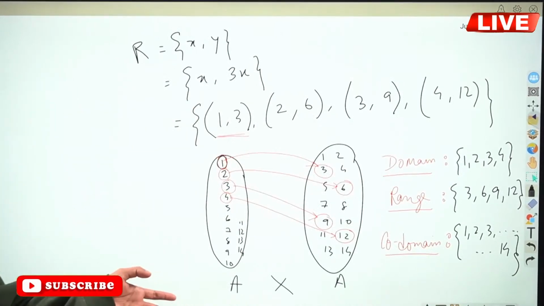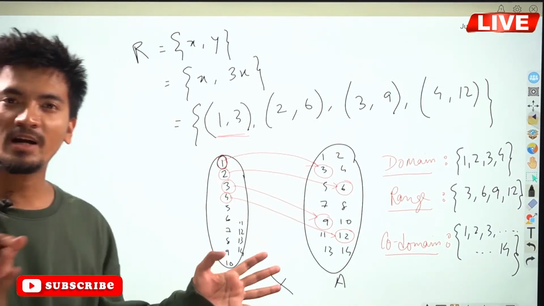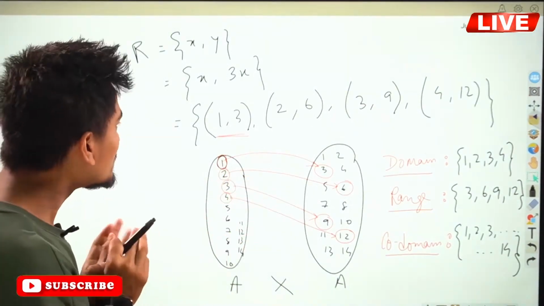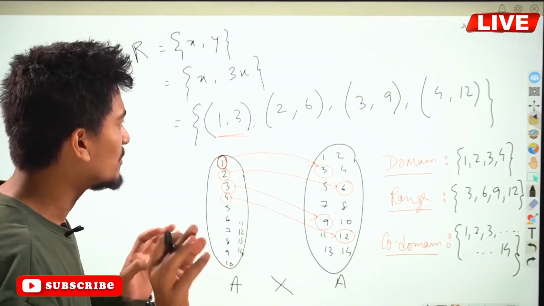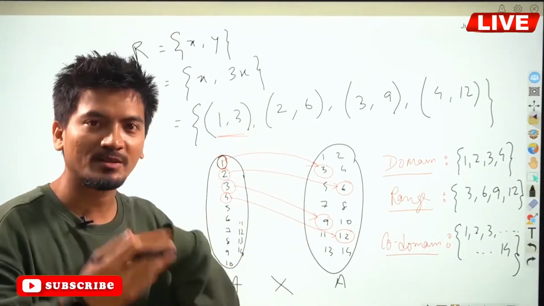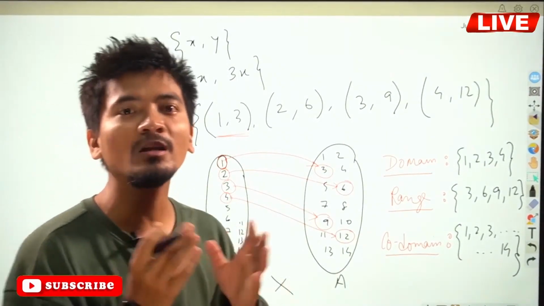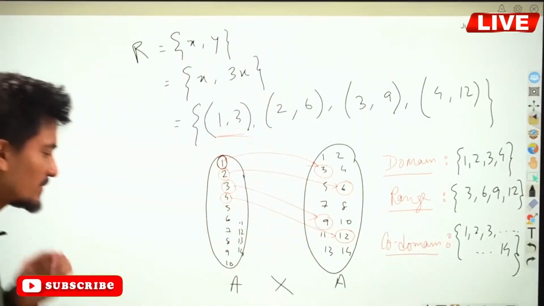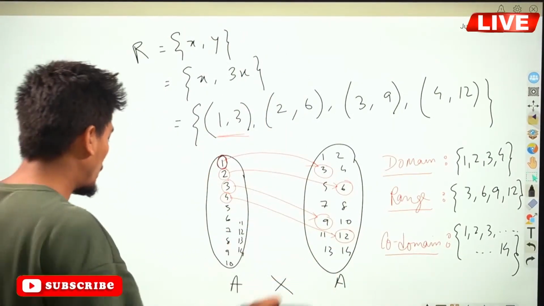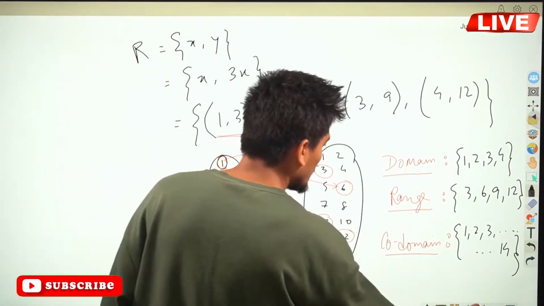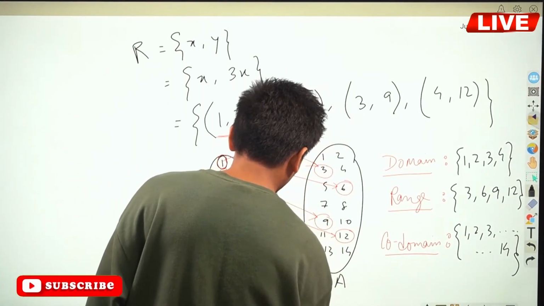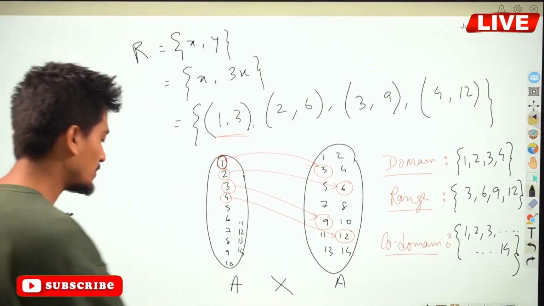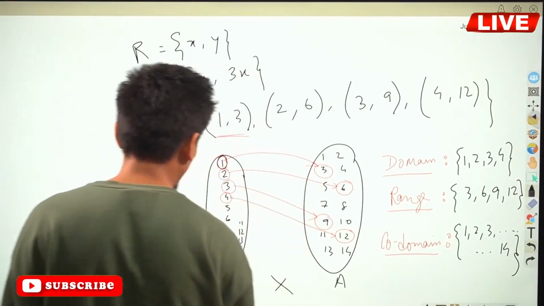Now understood? This is the concept regarding the relation. This is what relation is all about. That means we have to show a relationship between the two sets, which is a subset of the Cartesian product. Okay. Now, the number of relations.